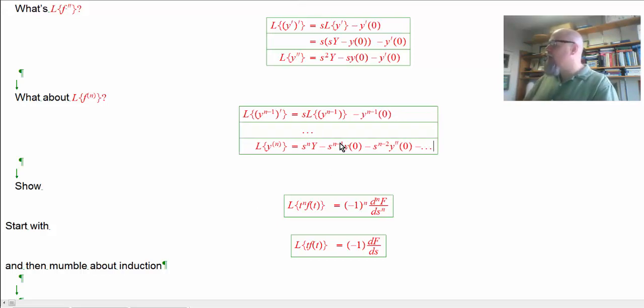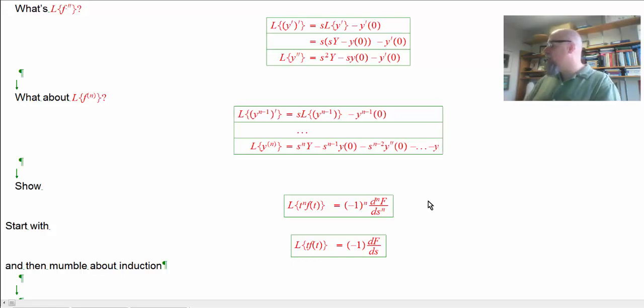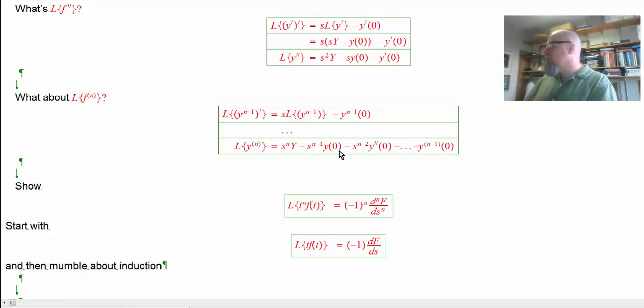Notice the power of the s goes down 1 each time, and the number of the derivative goes up 1 each time, until finally you end at the n minus 1 derivative evaluated at 0.